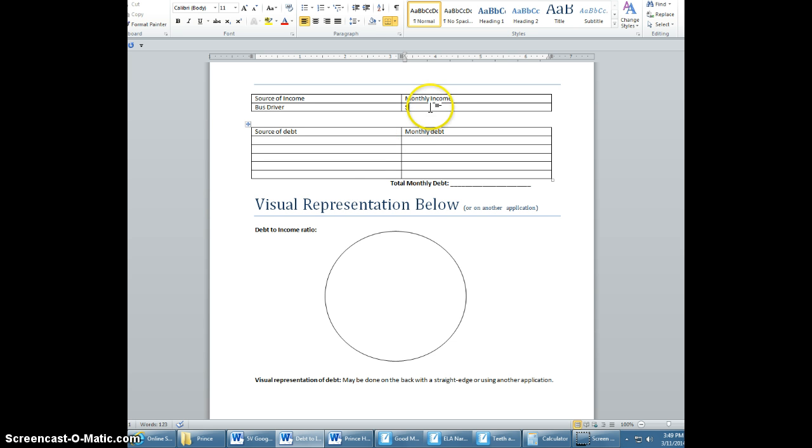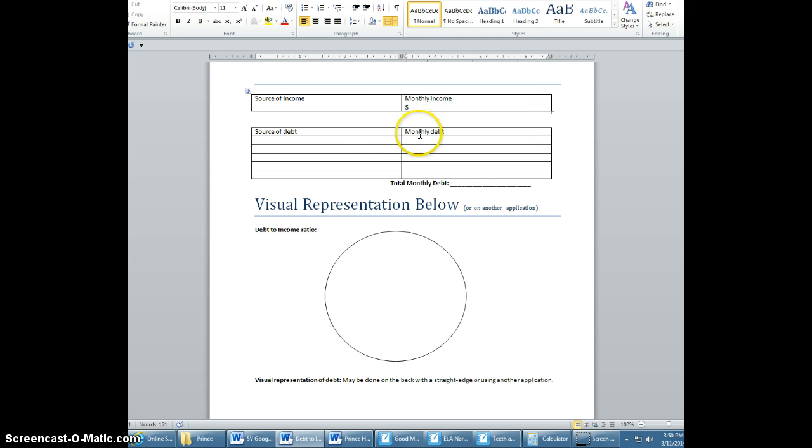We make money every month. We have a monthly income. And we have to ask ourselves, what percentage of the money that we make per month actually goes towards paying debt? In other words, paying bills, money that we owe others, companies, other people, etc. So, while we do have a source of income, which is a job, we get an income as a result.